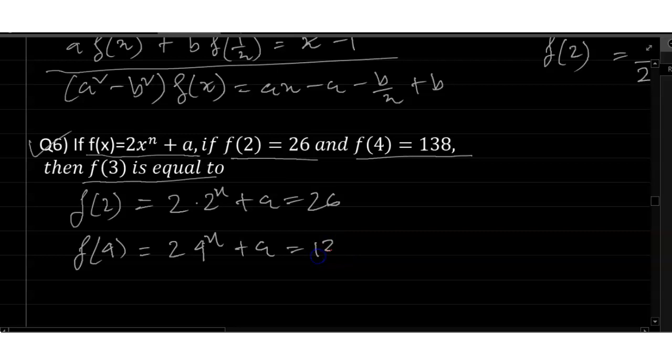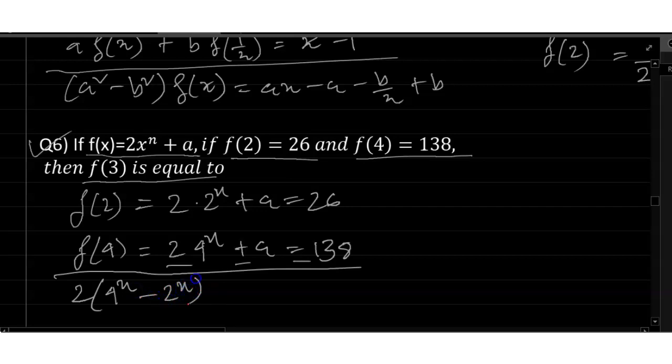Next is 130 and 2 into subtracting this, 4 to the power n minus 2 to the power n equals to 138 minus 2. This is what I substitute. So for my convenience, I get 128.